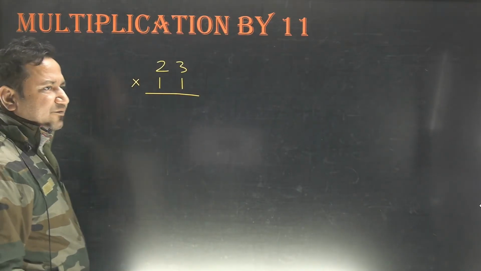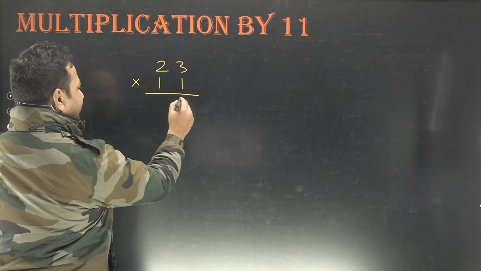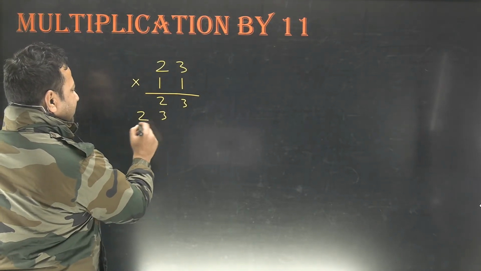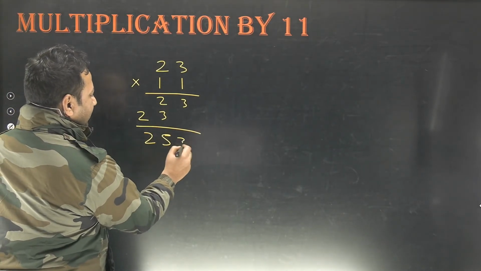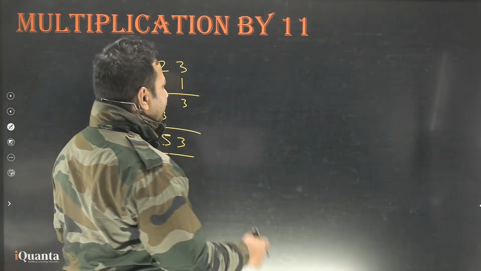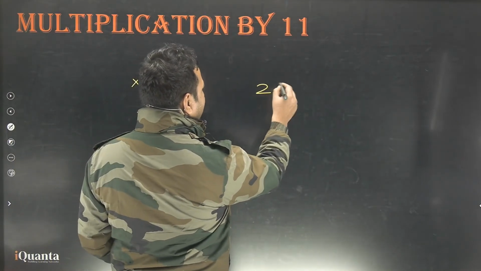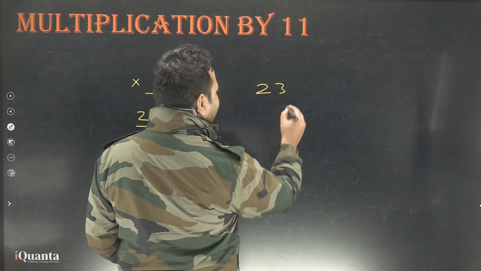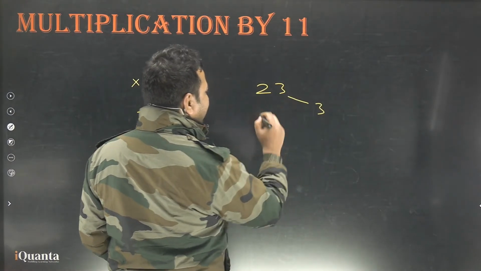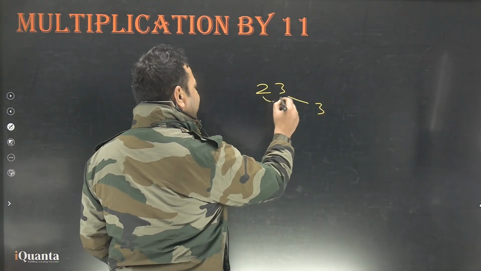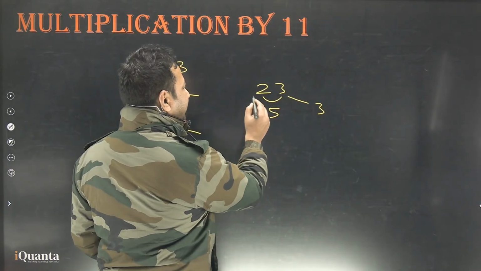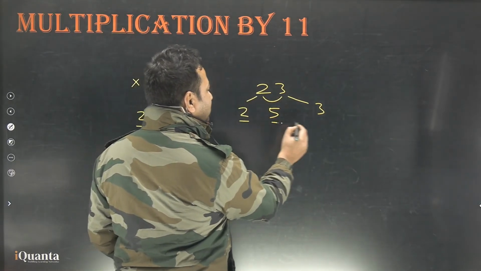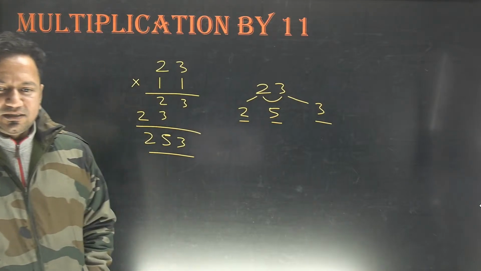Normally what do we do? 1 3s are 3, 1 2s are 2, and this is how we do it, isn't it? But now if something like this comes, 23 multiplied by 11, we just have to write the rightmost digit here, 3, and then we need to add 2 and 3, which becomes 5, and then this 2 comes alone. The answer is 253. That's it. It's as simple as that.